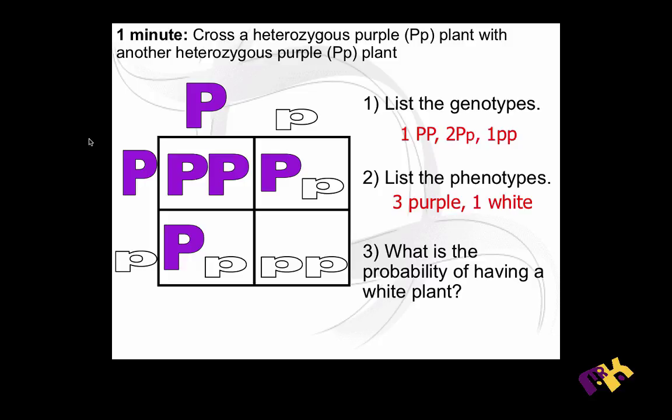So we have our first offspring, and it ends up being a white flowering plant. What is the probability of us having a second white plant from the same parents?